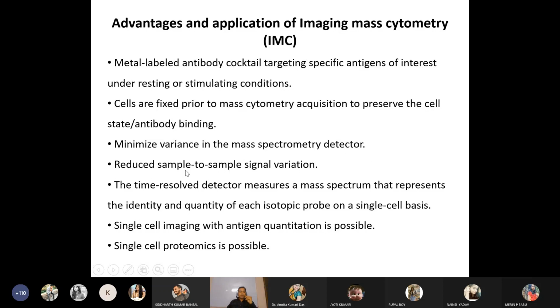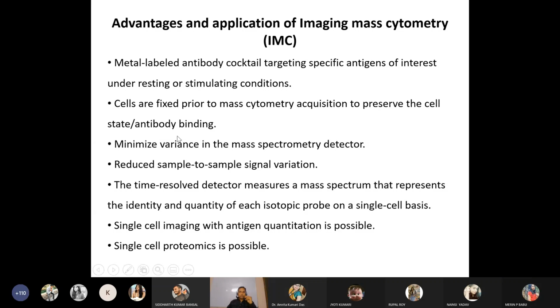The detector reduces sample to sample signal variation. The time resolved detector measures a mass spectrum that represents the identity and quantity of each isotopic label. This is also one of the important things: fluorescence microscopy is not quantitative, whereas imaging mass cytometry is a quantitative technique.